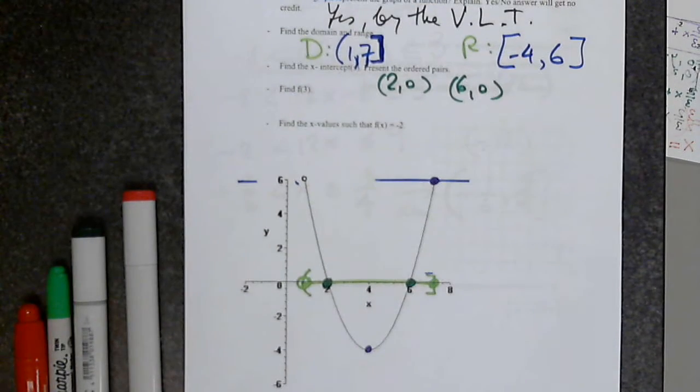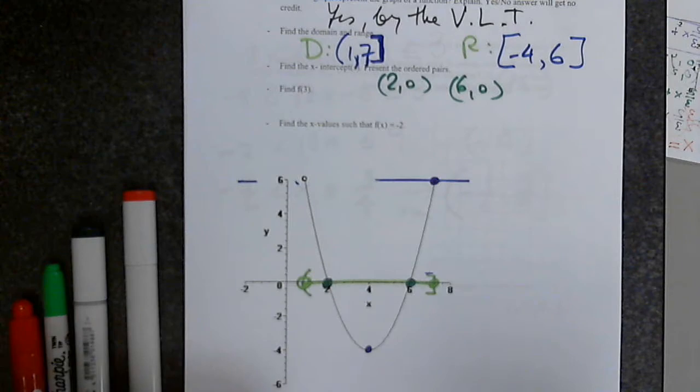What about f of 3? How do I find f of 3? What is given in my question? What is given when I'm asked to find f of 3? Careful. F of 3. X is given. What is that? How much? X is 3.